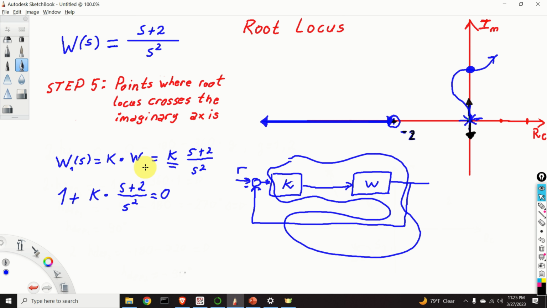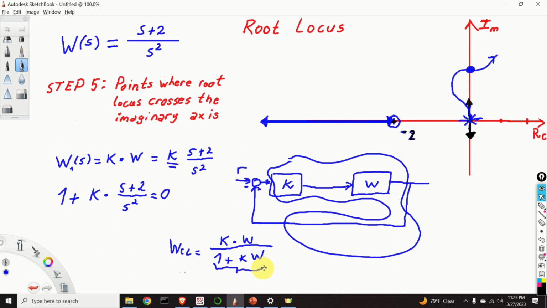The characteristic polynomial is simply the zero of the denominator of the closed loop transfer function. And the closed loop transfer function is obviously given by this formula: V closed loop is K times W divided by 1 plus KW.